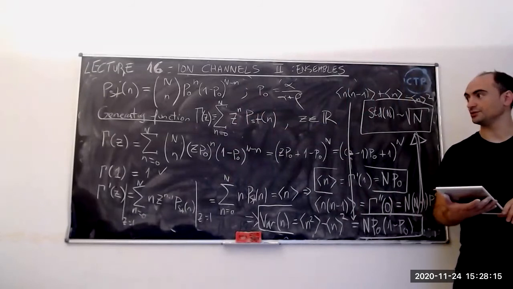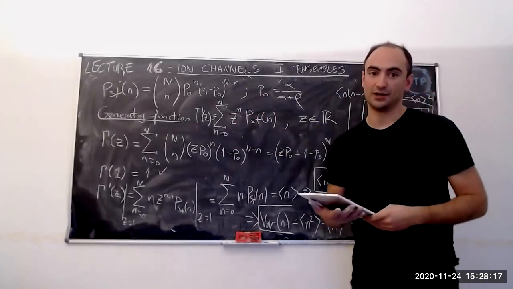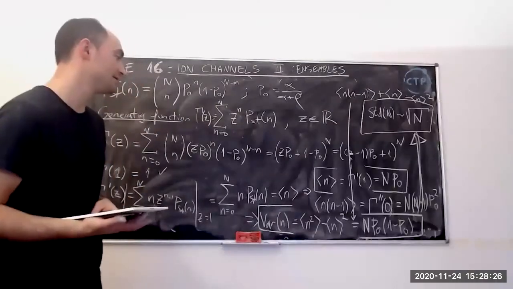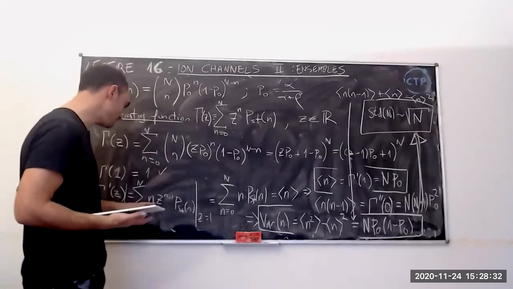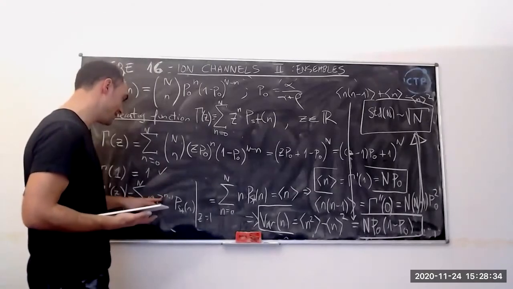Right, so any questions? I have a question about the mean of n times n minus 1. Shouldn't it be evaluated at 1, not 0? I think it's at 0 if I remember well. You take one derivative, n minus 1.